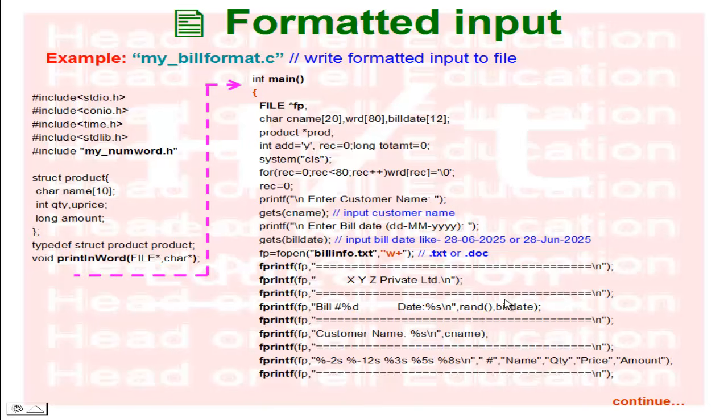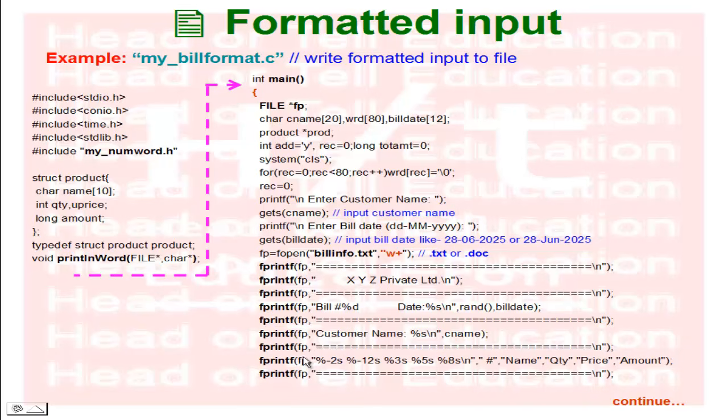Here I am using the random function, whatever number comes is written here. Next is bill date. Now again print a line in the file, then next print the customer name on the bill info. And again create the line next to fprintf.